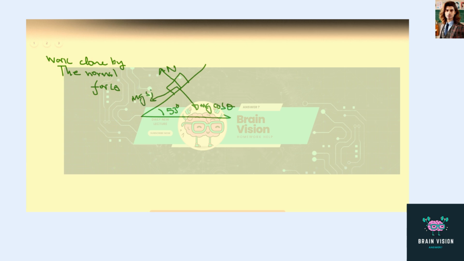Mg sine theta is the force sliding the object downwards. Frictional force is in the opposite direction, which is Fk. The work done by the normal force is the normal force times the displacement of the normal force. Now, in the direction of motion, the displacement is 0 because the normal force does not move in that direction. So regardless of the size of the normal force, the work done by the normal force will be 0.